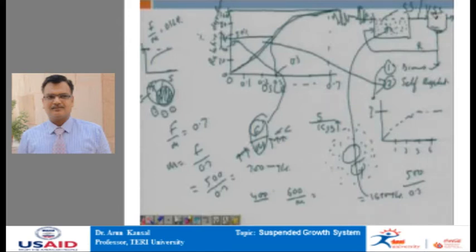It is impossible to find out genetically all the organisms and count them individually. So, what we do is we take the suspended solid concentration of the aeration tank, or more reliably the volatile suspended solid concentration, as an indicator of the bacterial biomass.